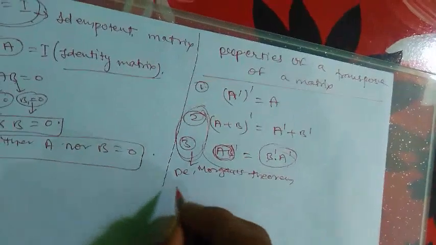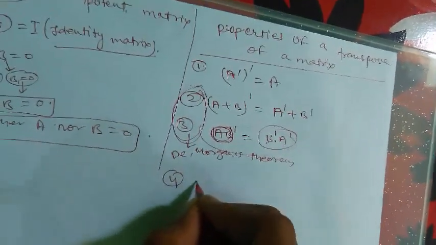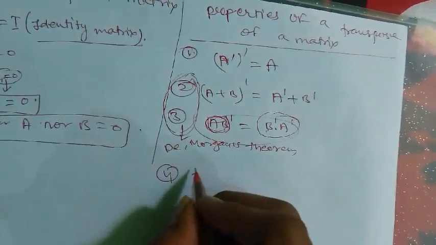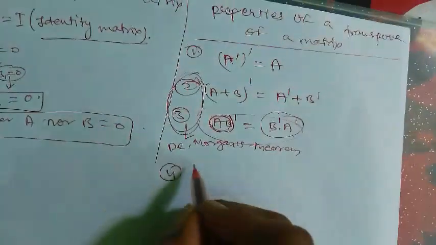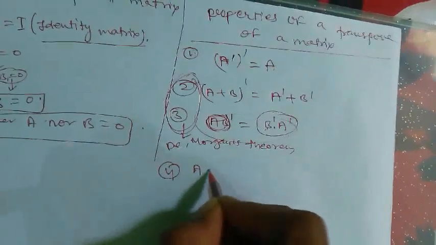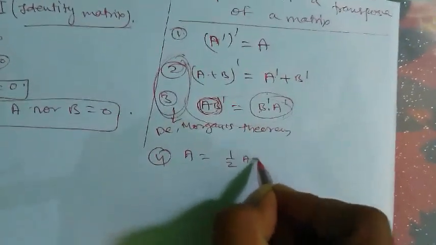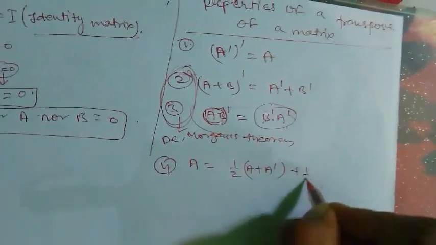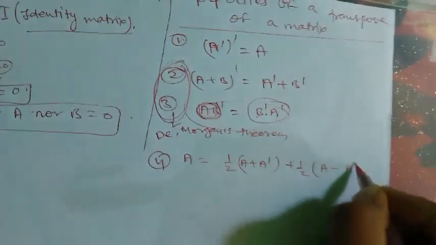The fourth point is, you can write a matrix as a summation of symmetric and skew-symmetric matrices, that is, A is equal to half of A plus A dash, which is A transpose, plus half of A minus A transpose.